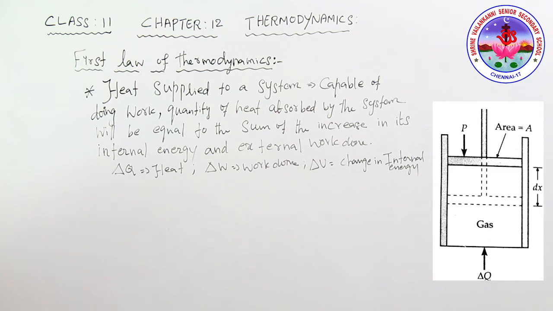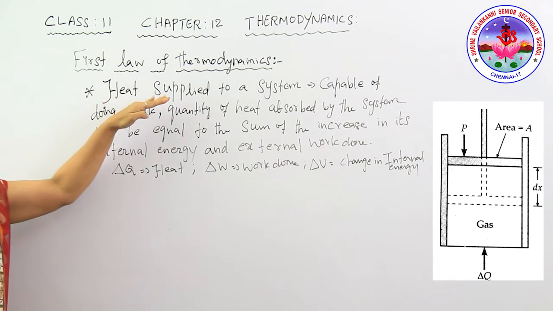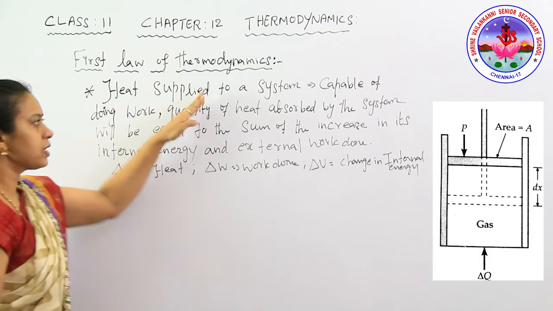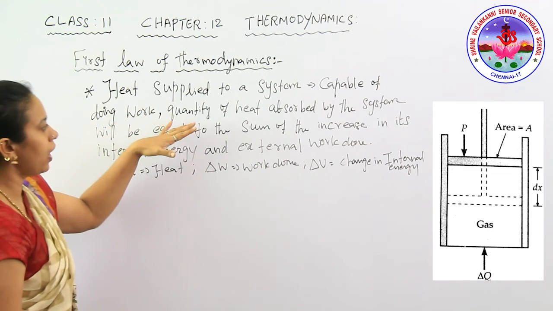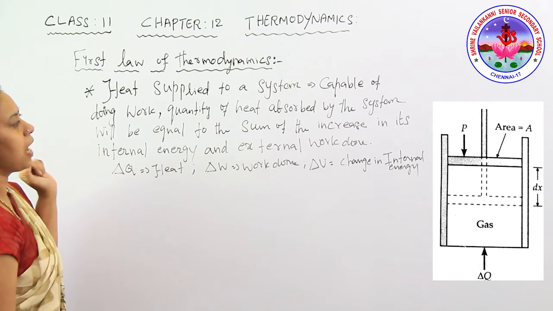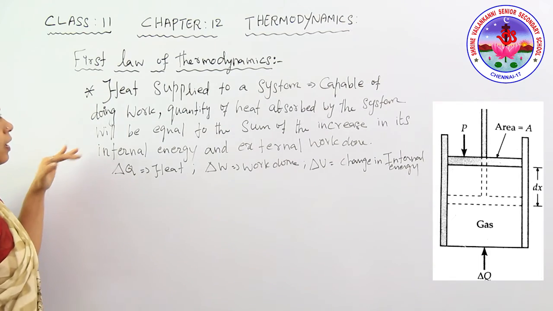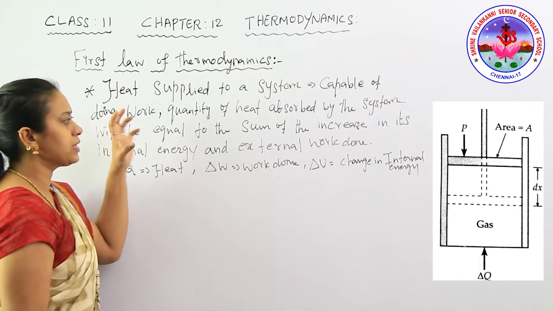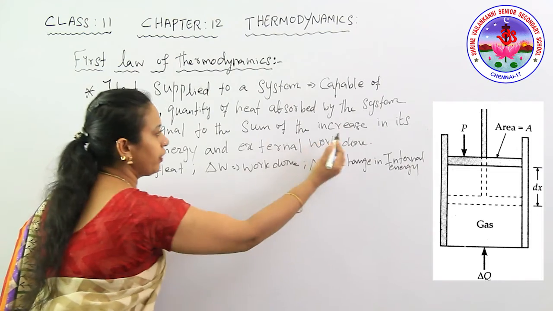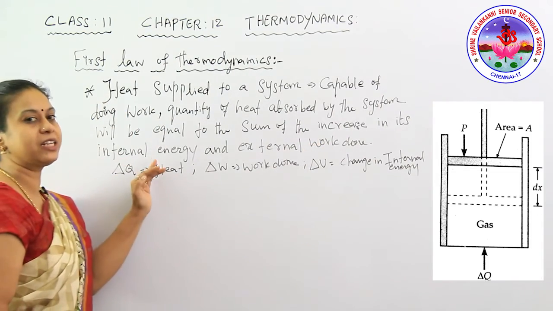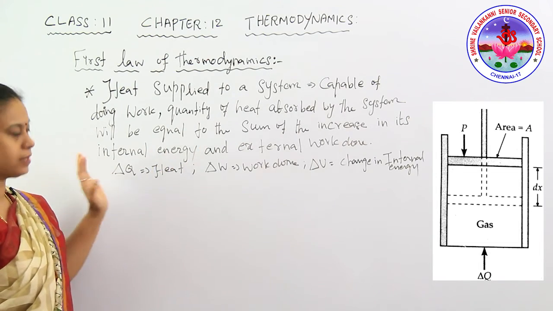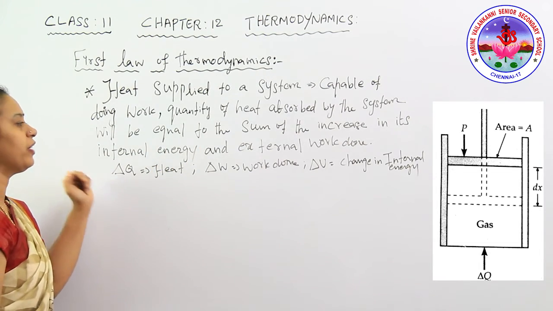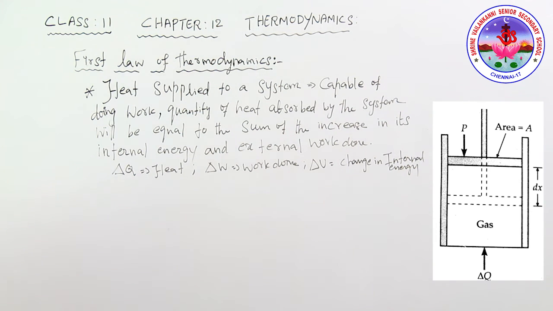Now, according to the first law, the heat supplied to a system which is capable of doing work, the quantity of heat absorbed by the system will be equal to the sum of the increase in its internal energy and the external work done on the surroundings. So this is the statement we can prove through an example, right?